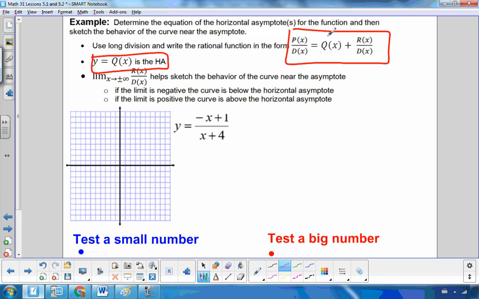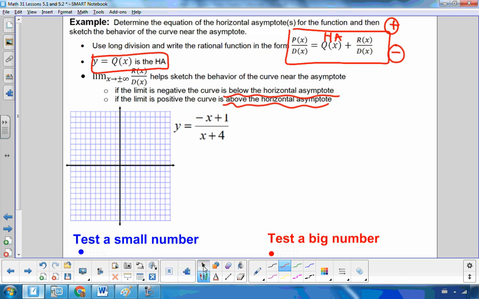So since I'm looking at this horizontal asymptote and I'm adding on a remainder, if I am adding on a positive number, I am going above the horizontal asymptote. If I add on a negative number, I'm making a smaller number and I'm going below the horizontal asymptote. So I can look at the limit as x approaches positive and negative infinity of that remainder to see what exactly is happening.